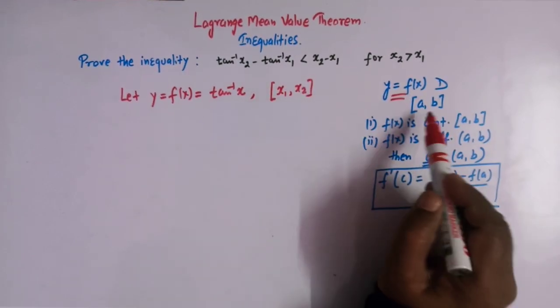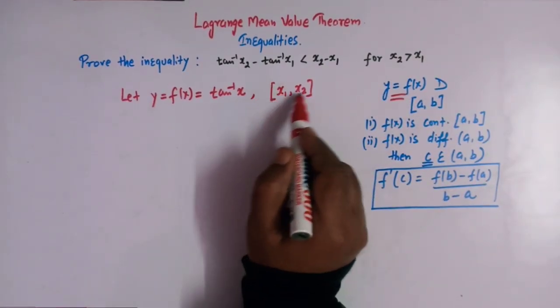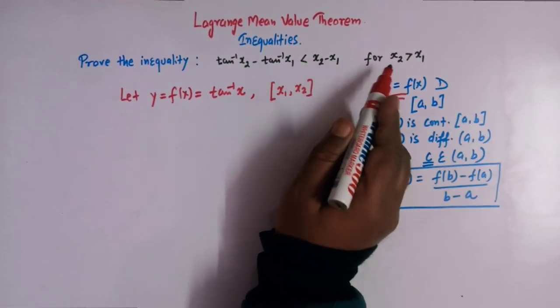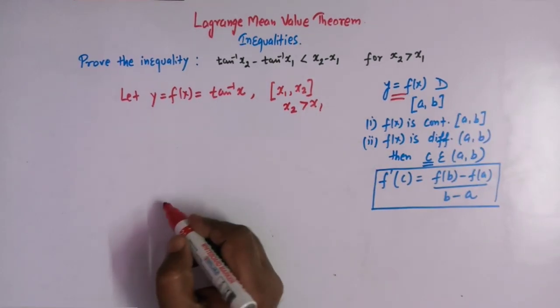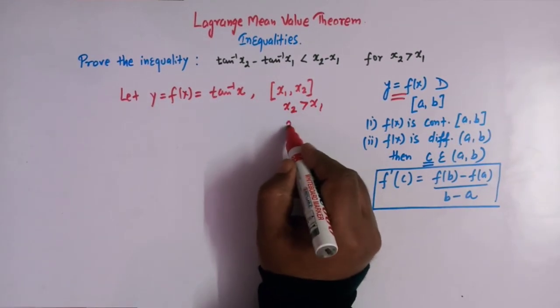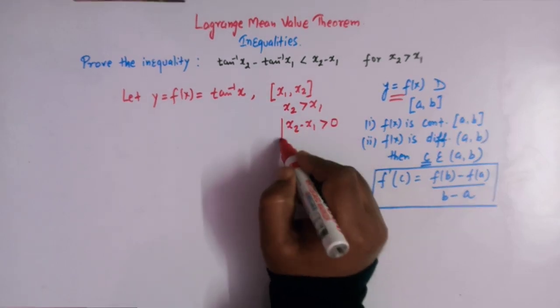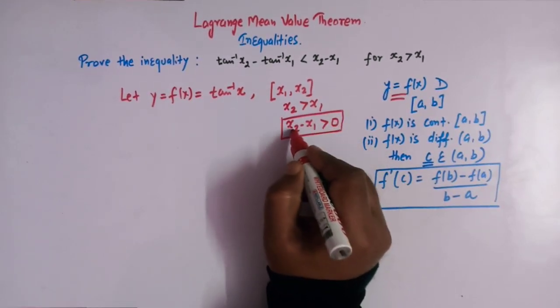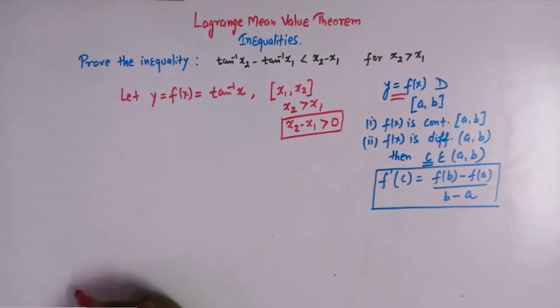Here we have the interval a comma b, here we have the interval x1 comma x2, provided that x2 is greater than x1. Or in other words, x2 minus x1 is greater than 0, so the difference of x2 and x1 is always greater than 0.